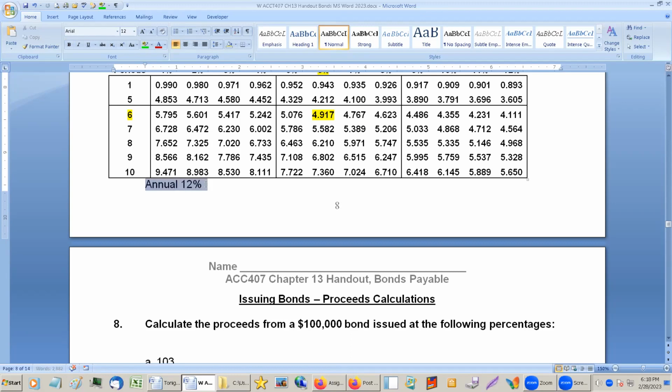Now there is a compounding that happens when you have semi-annual. So if you take 0.06 times 1.06, you're adding 6% interest to each one of those.